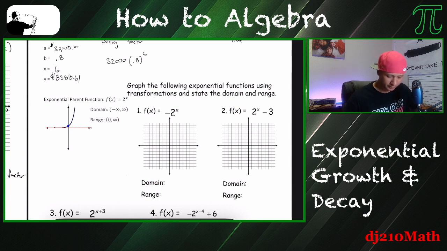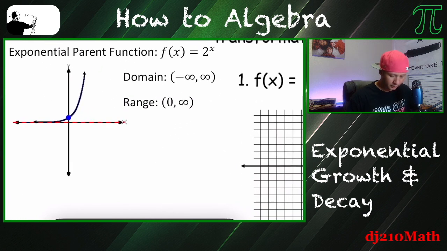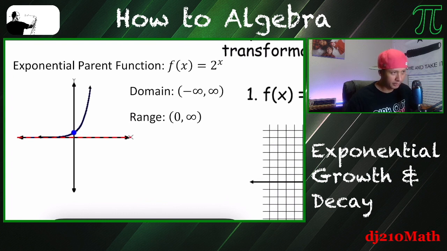So let's look at some transformations. Again, every exponential function will look like the parent function here. It's going to have this general shape. And you're always going to have the 3 key points.